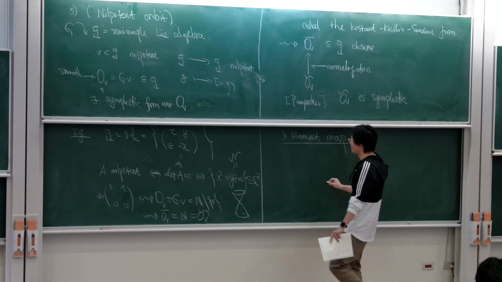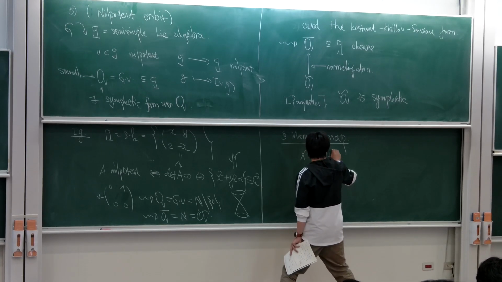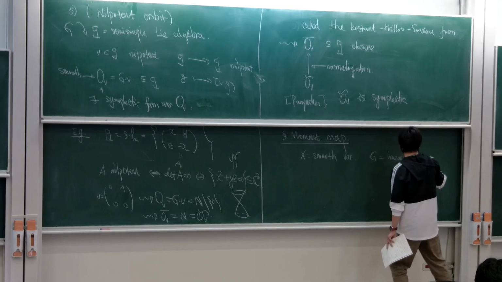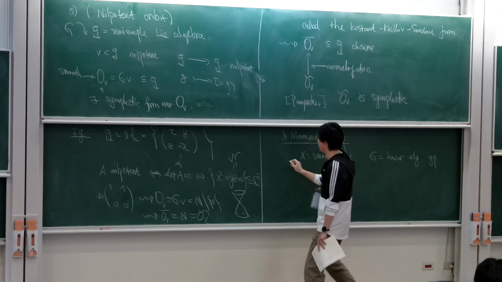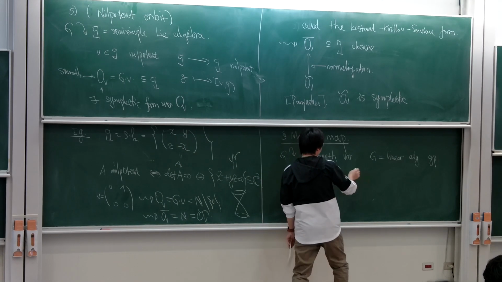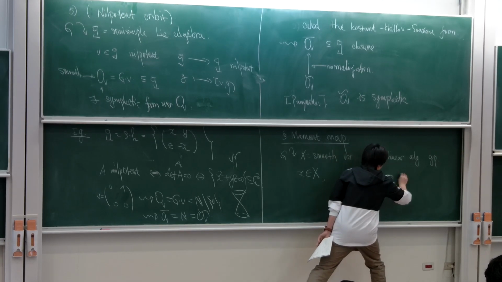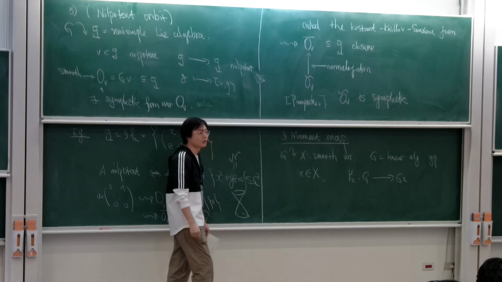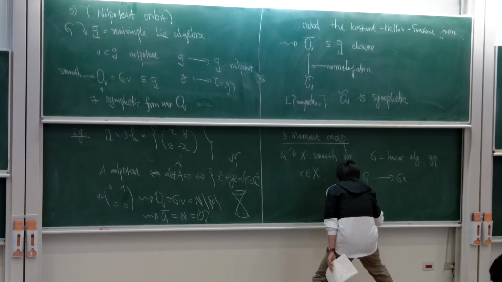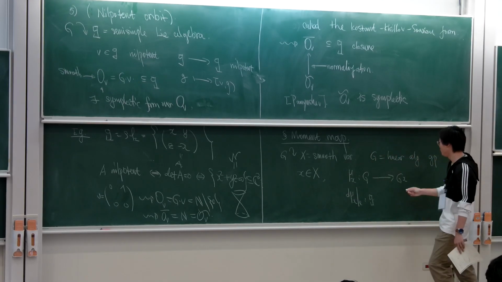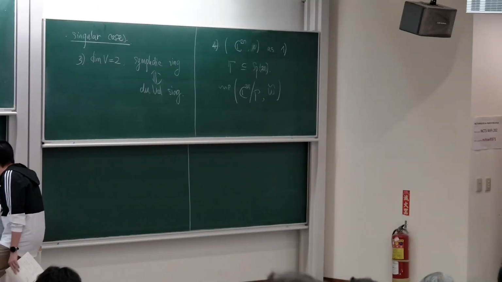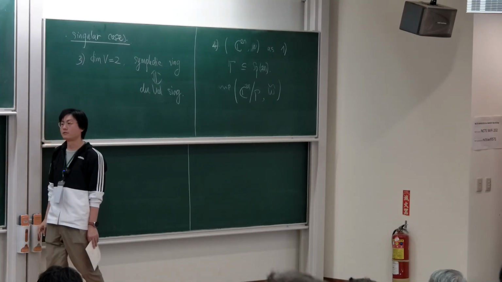You consider any smooth variety X, and some linear algebraic group G acting on this variety X. For any point small x in X, you consider the orbit map from G to G times x, and then you look at the tangent map of this orbit map at the identity.